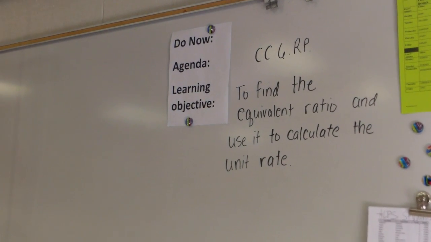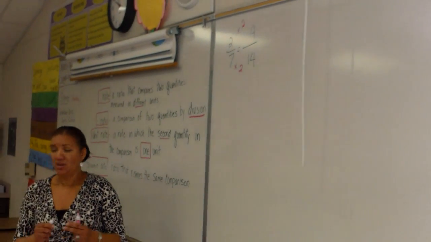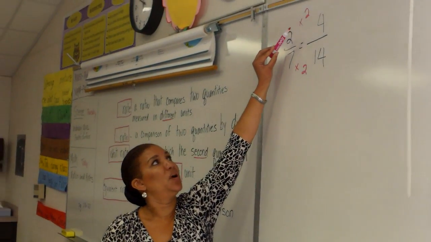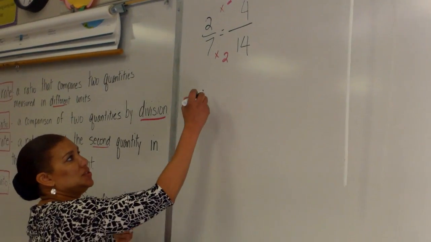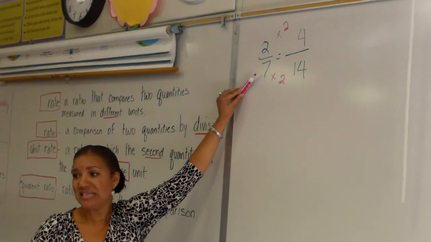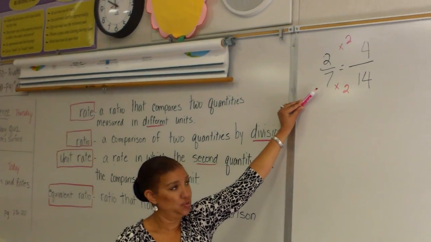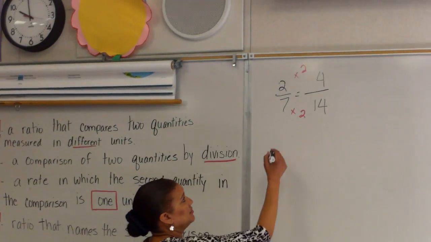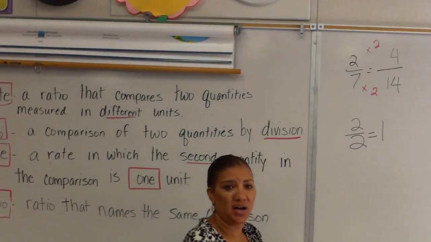Why did I choose 2 over 2? Okay, good question. So the question was, Jerry asked, why did I choose 2 to multiply this ratio by? Good question. Well, 2 over 7 times 1 equals what? 2 over 7. So 2 over 7 times 1 is still 2 over 7. So 2 over 2 is equal to 1.